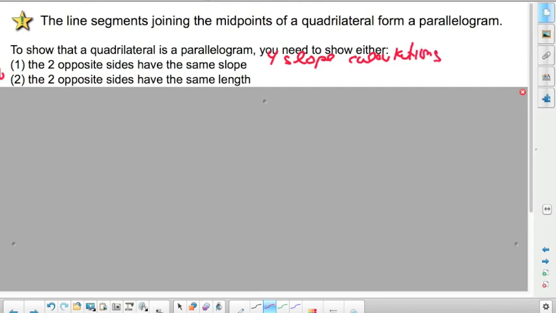Or you can just do the side lengths. So 4 length calculations. Okay. So you just need to do one or the other.